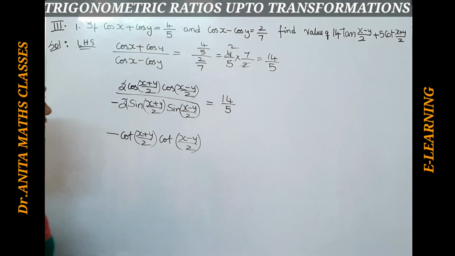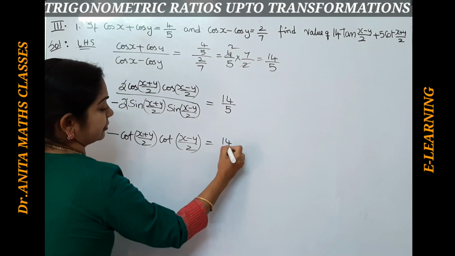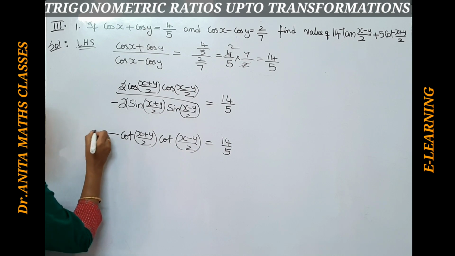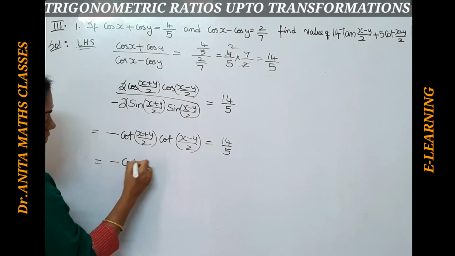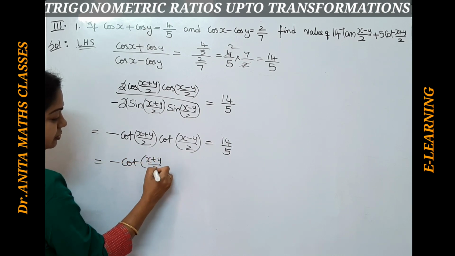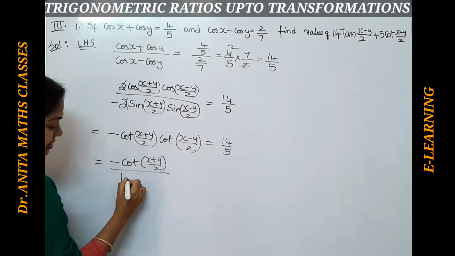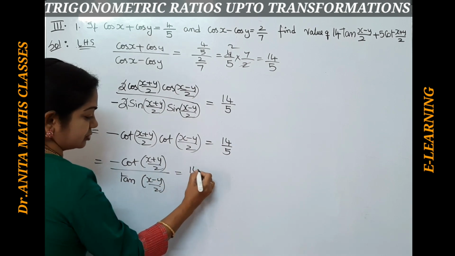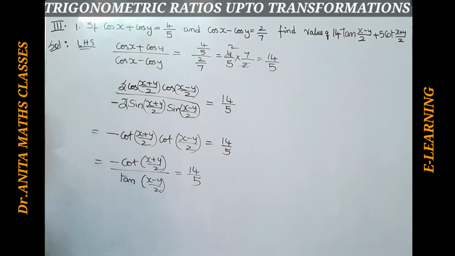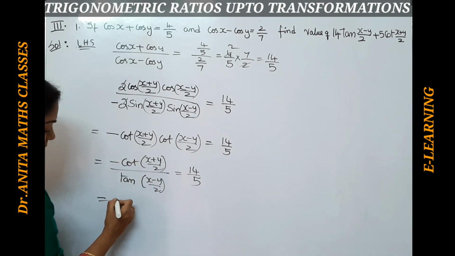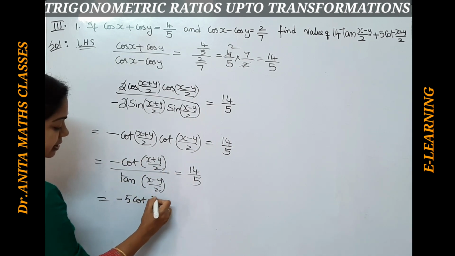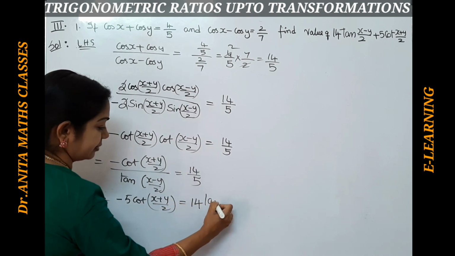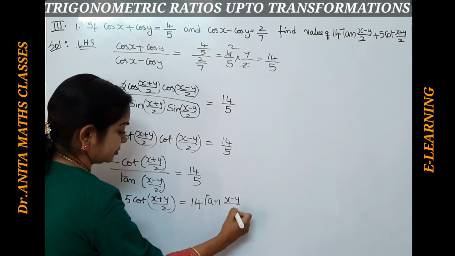We have tan there, right? Tan of (x minus y)/2. So if I write it down, it becomes minus cot (x plus y)/2 divided by, we can write it as, tan (x minus y)/2. So let's do the cross multiplication here. So this becomes minus 5 cot (x plus y)/2 equals 14 tan (x minus y)/2.